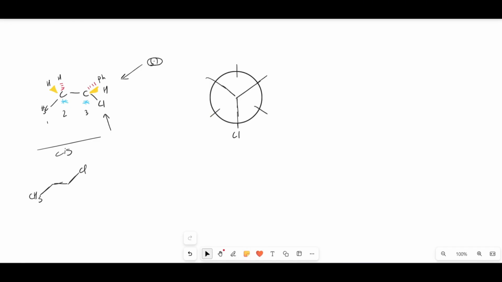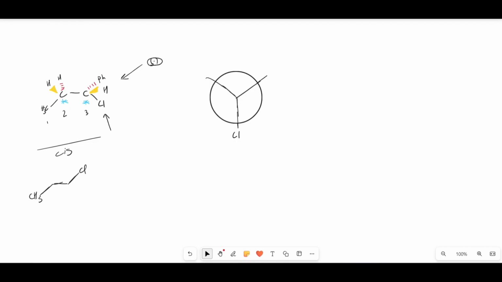Now, before it gets too complicated, I will talk about the front side. So the chlorine faces down, and now we look at the wedge and the dash. If you were to put this in a 3D perspective, face your head towards some kind of wall and just imagine that being the molecule. How would you imagine the hydrogen and phenyl to be, right?